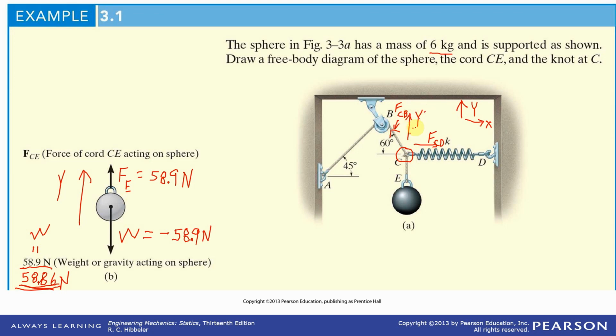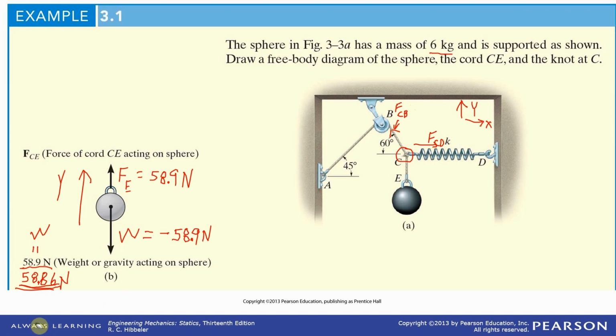This is the y-axis. I should probably erase that because it's in the way. It confuses the diagram. I'm trying to get the eraser. There we go. Get rid of the y, get rid of this arrow because I have my coordinates over here. FCD, FCB.